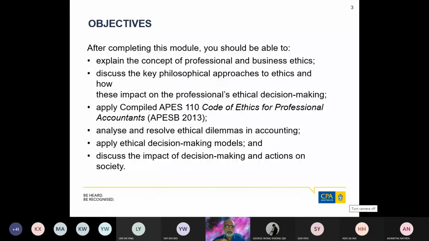We'll also learn how to comply with APES 110, which is a code of ethics for professional accountants, analyze and resolve ethical dilemmas in accounting, apply an ethical decision-making model, and discuss the impact of decision-making and action on society. So these are 1, 2, 3, 4, 5, 6. Hopefully, at the end of this module, you will have understood some of these key ideas in ethics.